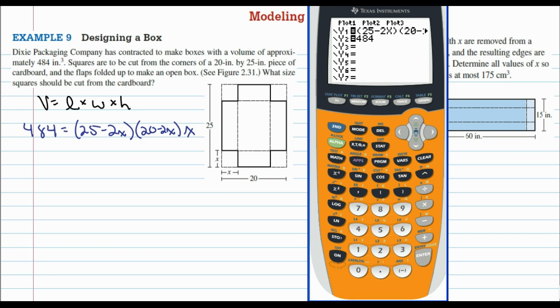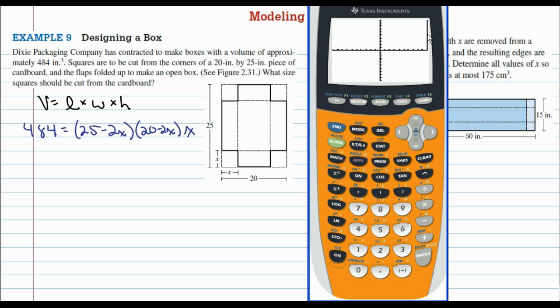So now, in order to find that, I'm going to use my calculator. I put in the calculator 25 minus 2x times 20 minus 2x times x into y1, and then I put 484 into y2. Now I'm in a graph, and this window is definitely not right yet.